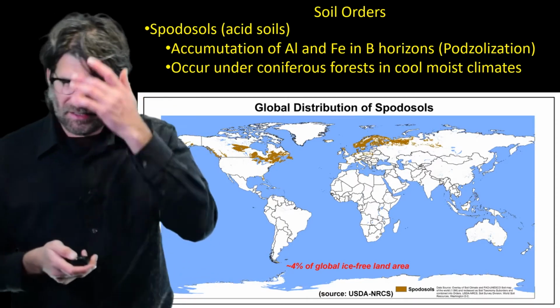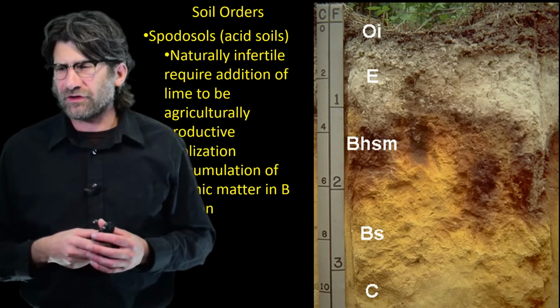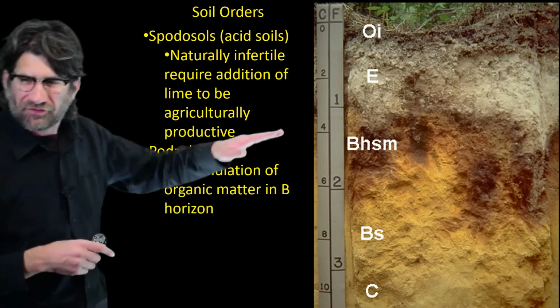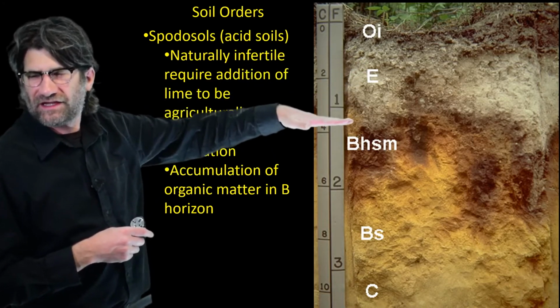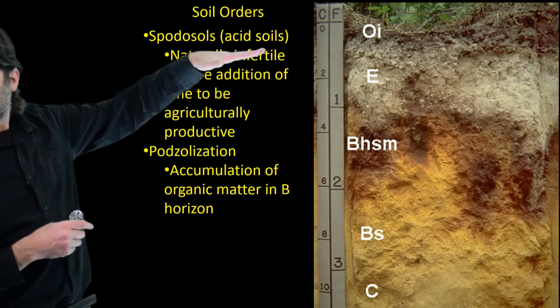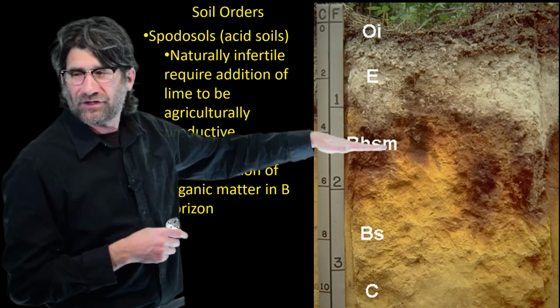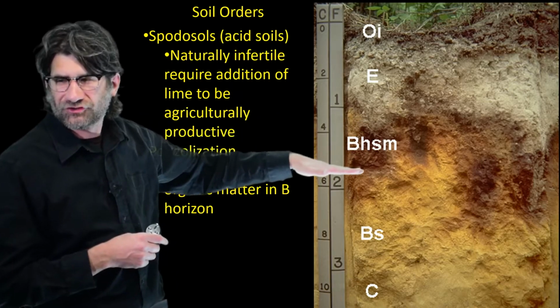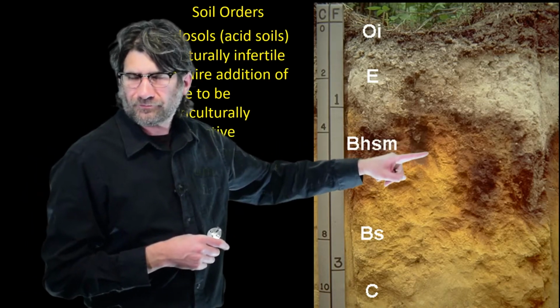So our spodosols here, this is your classic look of a spodosol. You'll have that classic E horizon eluviation, and then we have a fairly small organic horizon on top. But then look down here in the B horizon. The B horizons are really interesting. Notice all these dark colors here.